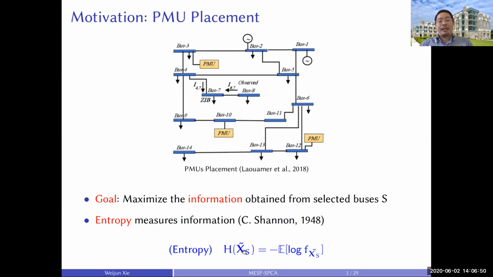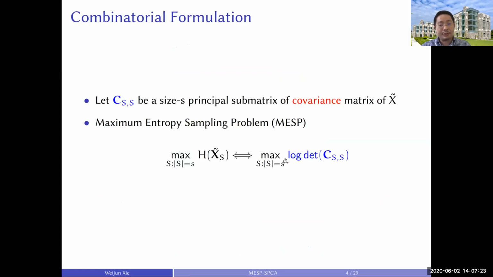Suppose we select a subset of buses or sensors; the Shannon entropy can be computed as minus the expectation of log f, where f is the probability density function. This can be a very complicated formula because the expectation over high-dimensional random variables is very difficult to evaluate. But fortunately, under Gaussian distributions, we get a closed-form expression.